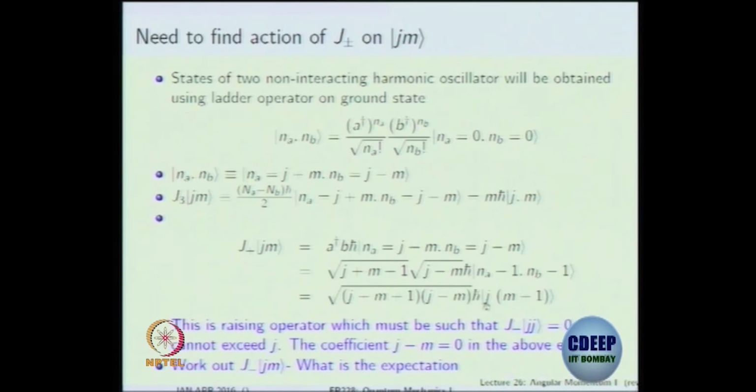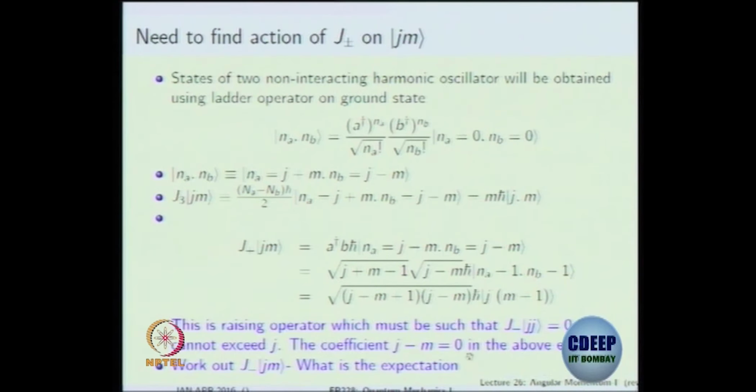The J does not change, and you have rewritten all these Na eigenvalues and Nb eigenvalues in terms of J plus M and J minus M. And this is a raising operator which has this property that there is an upper cutoff as M cannot exceed J. And you see this naturally. When you do this, you do see that when M equal to J, this term becomes 0.